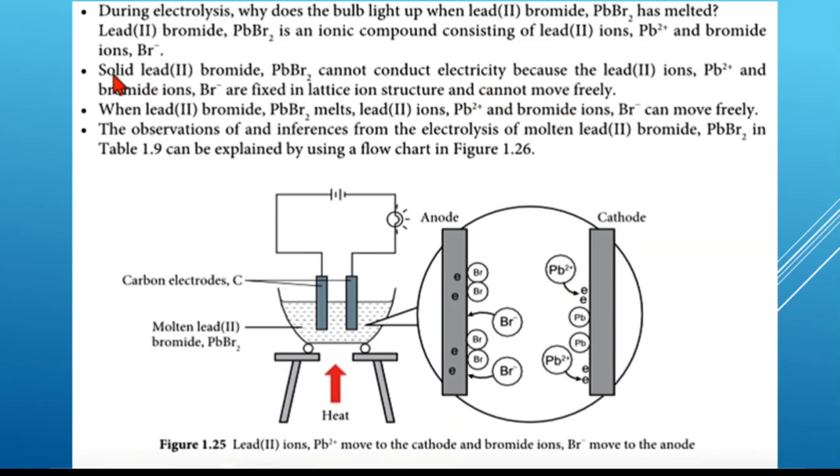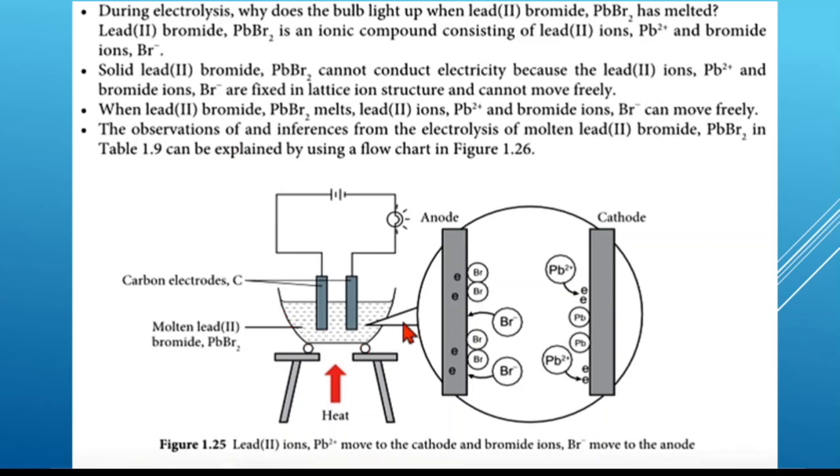Okay, kalau solid PbBr2 dia tidak boleh conduct electricity sebab dia punya ion not free to move. Tetapi bila kita heat dia, so dia melt. Bila melt, now the ions Pb2+ and the Br- can move freely. So bolehlah conduct electricity.